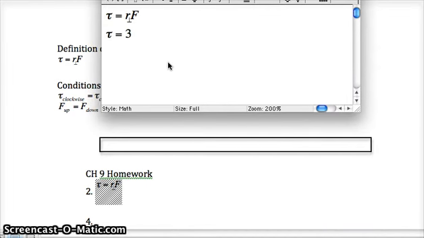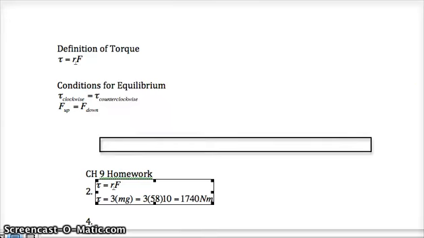Now it's a weight, so remember 58 kilograms is the mass, and we still need to include the acceleration of gravity when we deal with the weight. So that's equal to 3 times 58 times 10. And that's going to give us 1740 Newton meters. So you write it this way, just Newton times meters, like that. That's all it is for number 2.